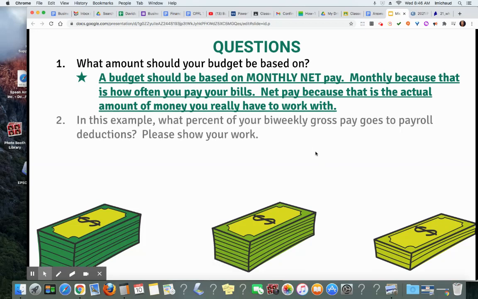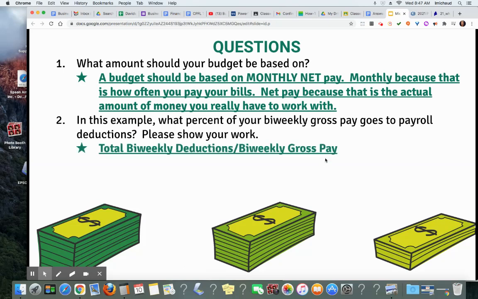Question 2. In this example, what percent of your biweekly gross pay goes to your payroll deductions? Please show your work. So you need to take your total deductions in this example and divide it by your biweekly gross pay. Okay, please do that now.